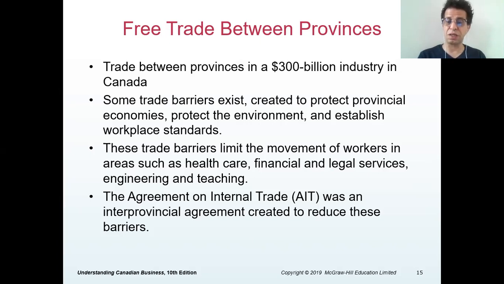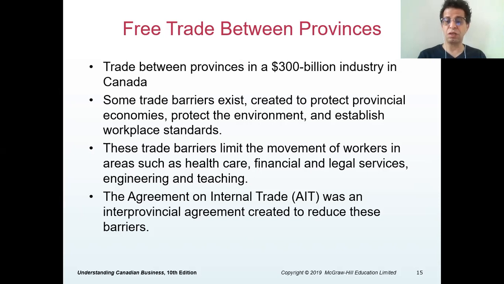Some trade barriers exist until now, created to protect provincial economies, protect the environment, for example, and establish workplace standards. These barriers might be set by the province or the federal government, as the case may be. These trade barriers usually limit the movement of workers in such areas as healthcare, financial, legal services, engineering, and teaching.